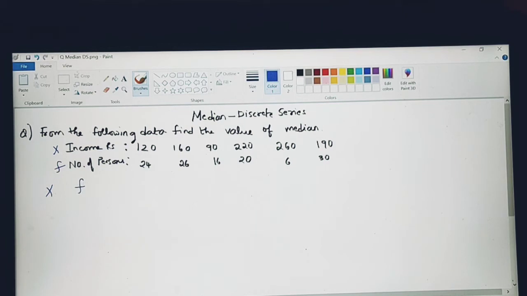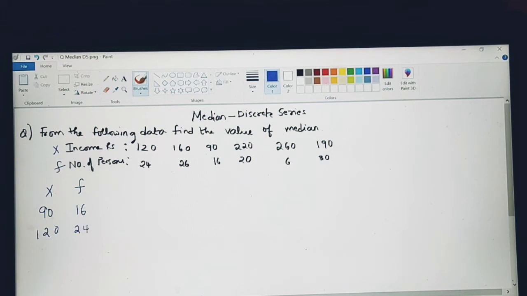Let's look at what is the lowest number in X. The lowest number is 90. These numbers are paired, so for 90 the frequency will be 16. If you move 90, you will be moving 16 along with it. After 90, the next highest number is 120, and the corresponding frequency is 24.